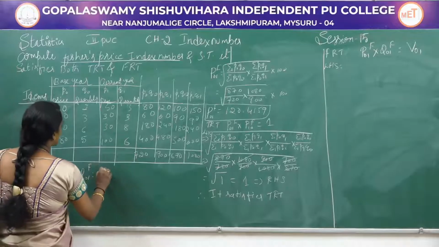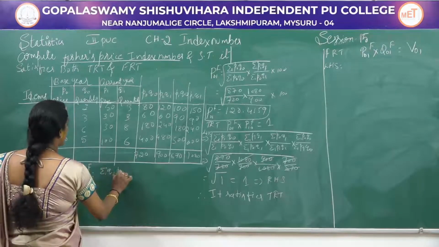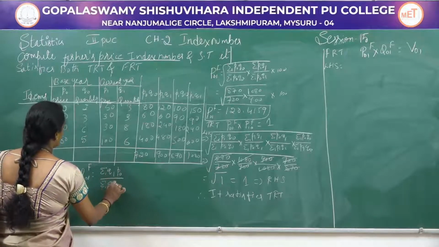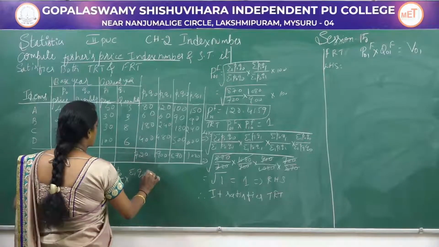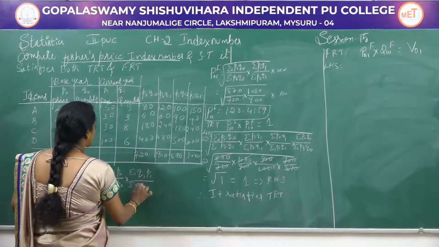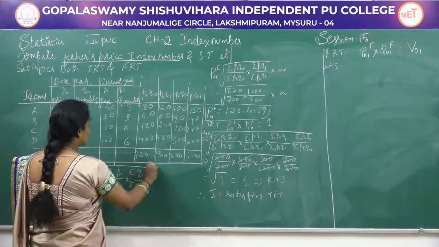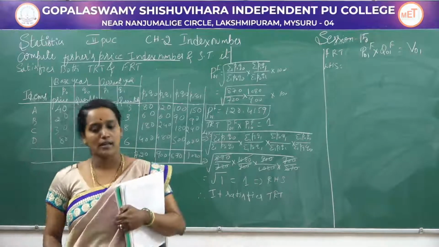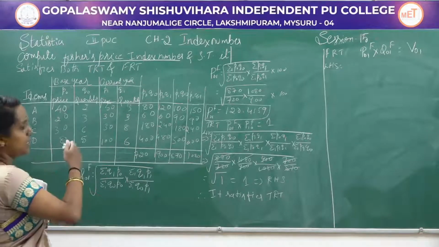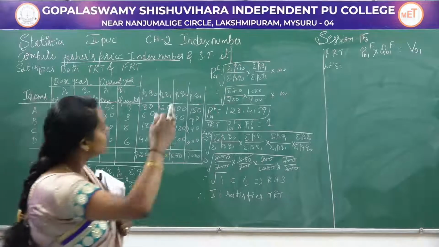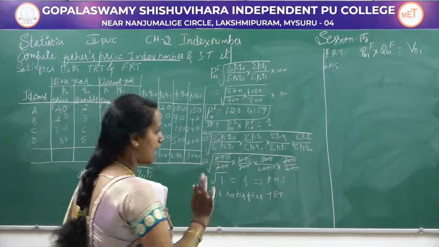Don't get confused. It is the square root of summation of Q1 P0 by summation of Q0 P0 into summation of Q1 P1 by summation of Q0 P1. Here I will not consider 100 for multiplication. This is the quantity index number for Fishers. So there I will substitute directly.